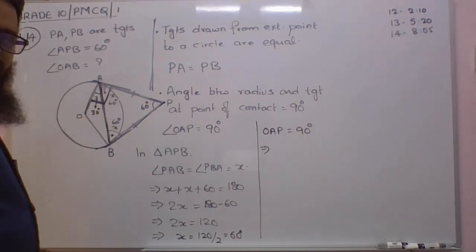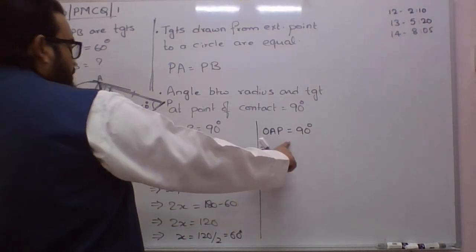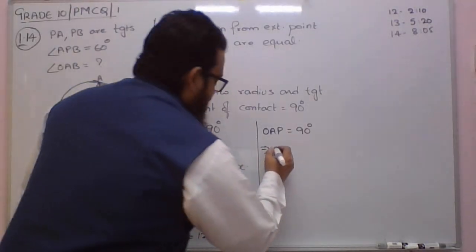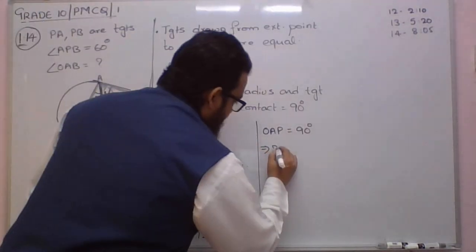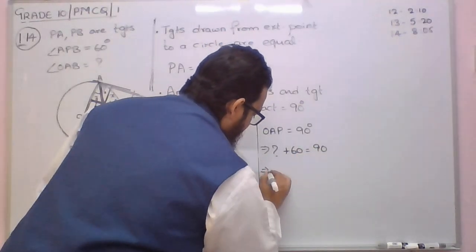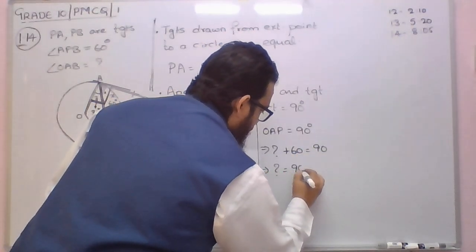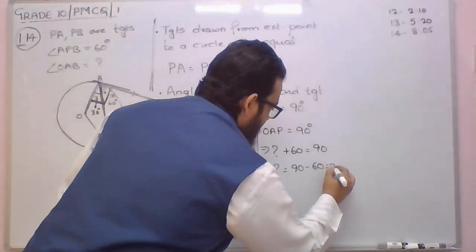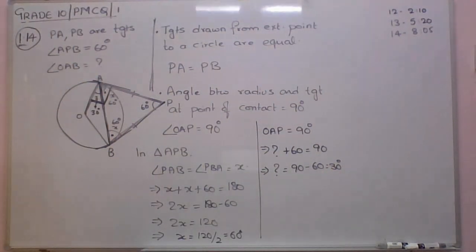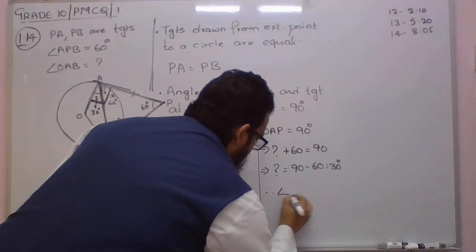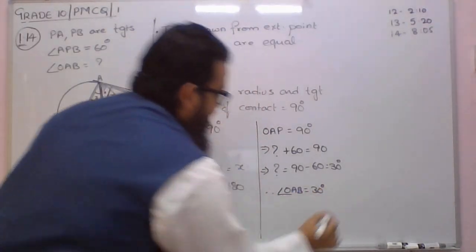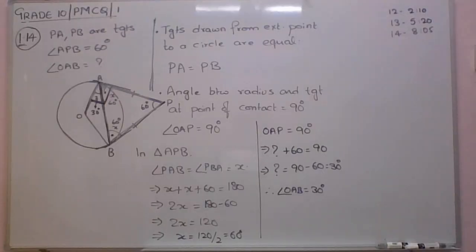So that is the answer. That is the concept. So how will you write? OAB is equal to question mark, plus 60 degrees is equal to 90 degrees. So question mark is equal to 90 minus 60, that is equal to 30 degrees. Therefore angle OAB is equal to 30 degrees. This is the first method, okay?